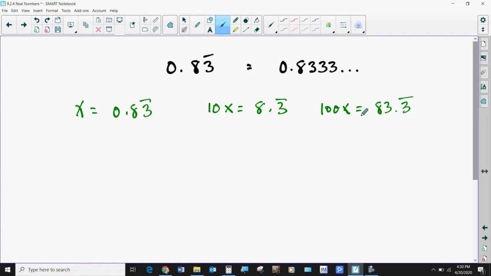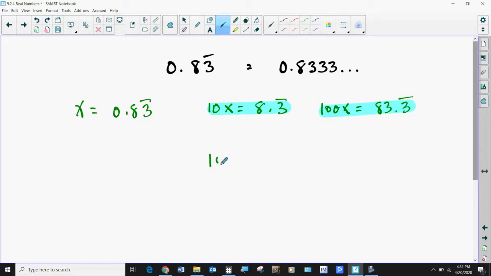So which one of those two will work for me to do a subtraction? If I try and take 10x minus 1x, I get 9x, but then my decimals won't line up. If I try and take 100x minus 1x, I'll get 99x, but once again, my decimals don't line up. As it turns out, these are the two that you need to work with.